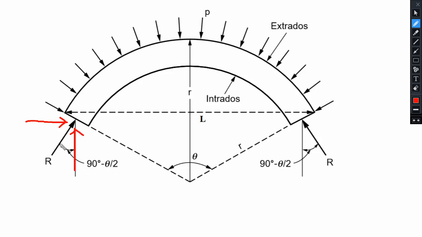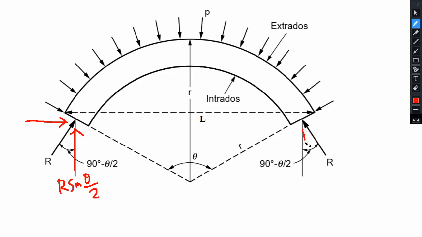So this component will be R cos(90 minus theta by 2), which means R sin theta by 2.